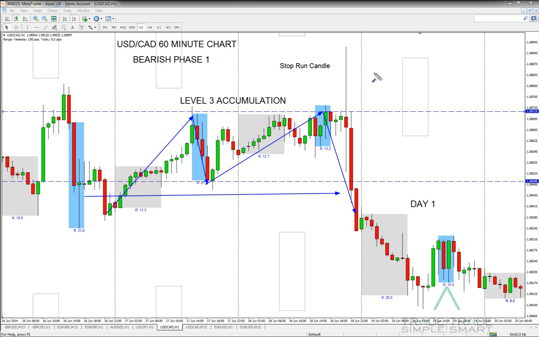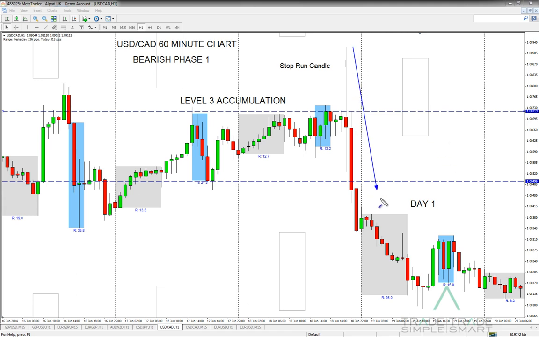We also have a stop run candle which breaks the resistance level, and at one point this bar would have been entirely green, but as smart money begin to sell into this buying pressure because of the break of the resistance, we see that the bar gets pushed right down, and then the market ultimately breaks through the range and develops phase 1 of the market maker cycle.